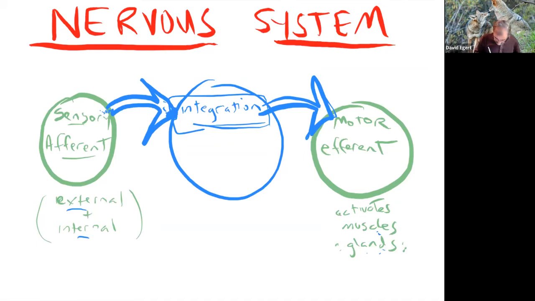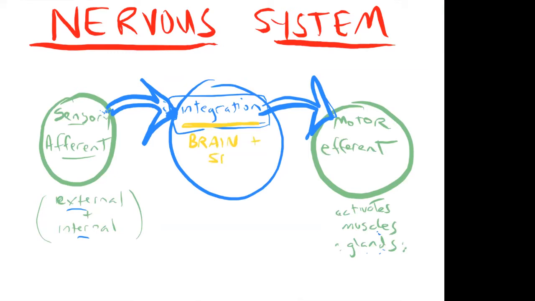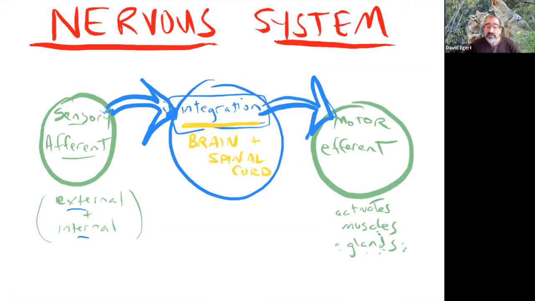The integration, the figuring out what to do with the information that we're getting, is typically the brain and the spinal cord. It's not always.